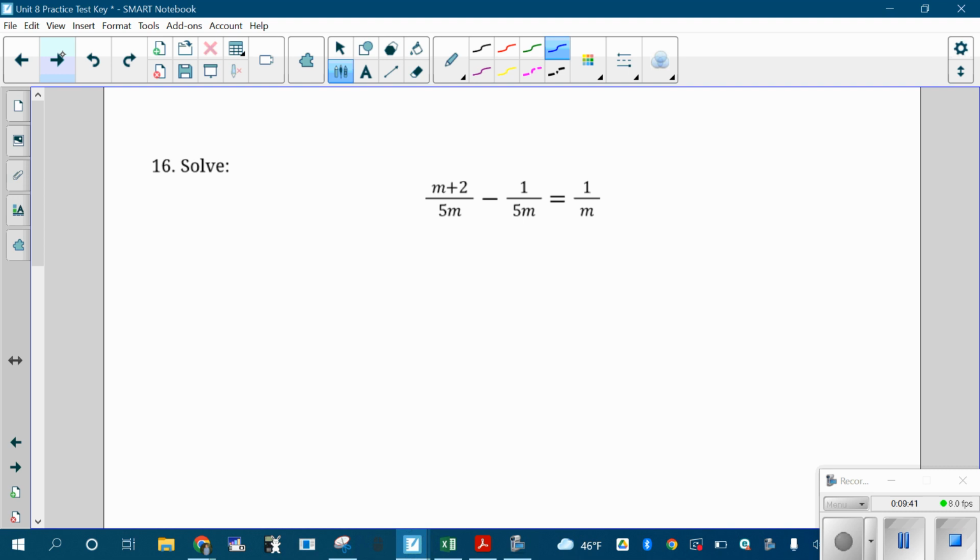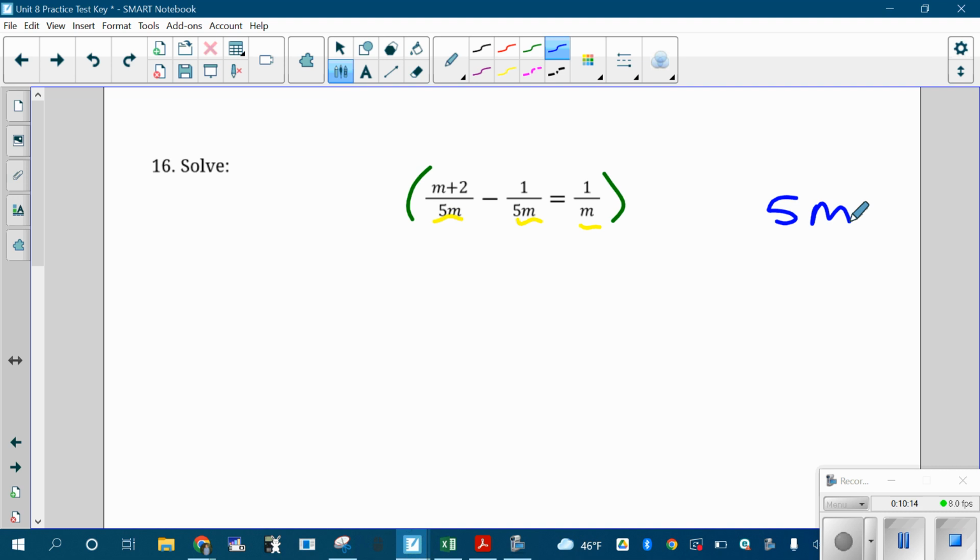16 is a trickier one. So now we have a fraction minus a fraction equals a fraction. For ones like this, the strategy we think is easiest is to multiply through the whole thing by the least common denominator of all three fractions. So if you look at all the denominators and say what's the smallest thing that contains them all, you get 5m. 5m contains all three denominators.